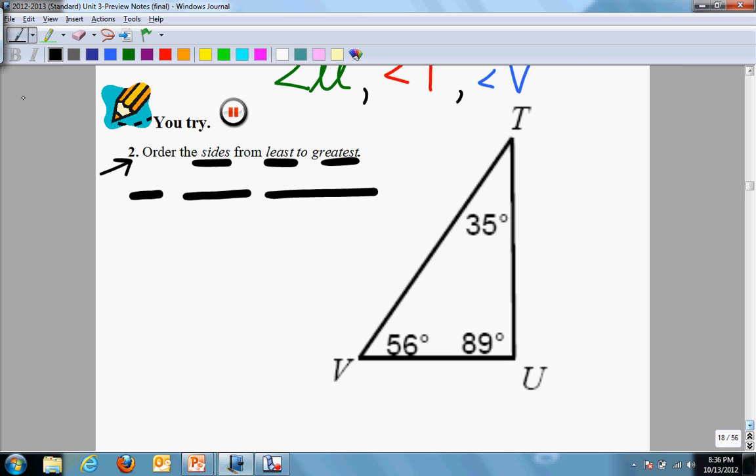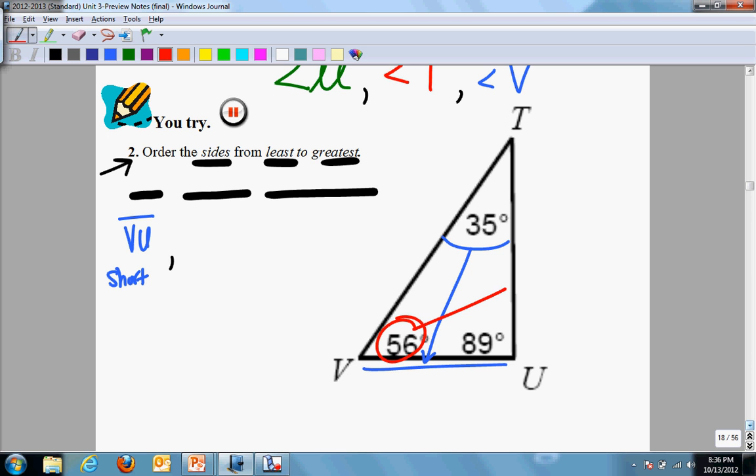So we first have to identify our small, medium, and large angles. Our smallest angle is 35. That means our shortest side is VU or UV, however, that's your short side. Your medium angle is 56.